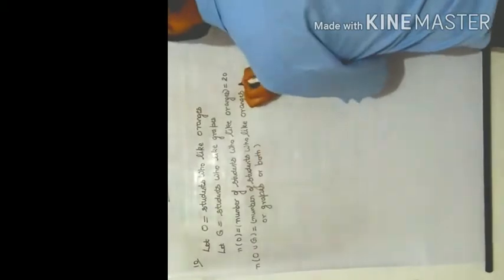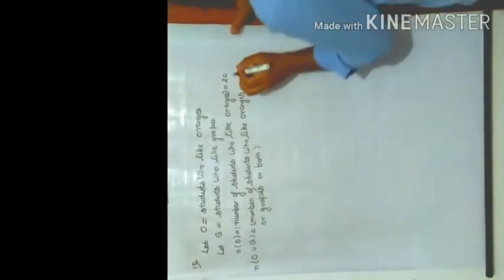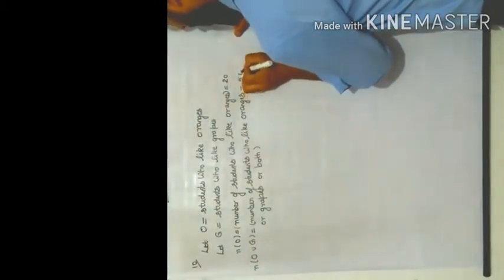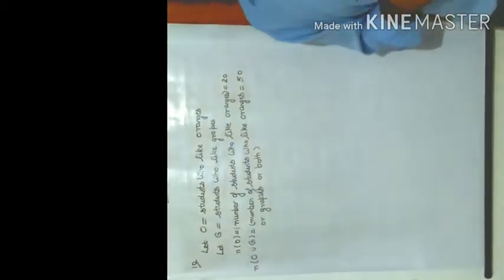So what is that number given to us? Who like oranges or grapes or both? What is that number of students? That will be 50. So 50 students are those who like oranges or grapes or both.